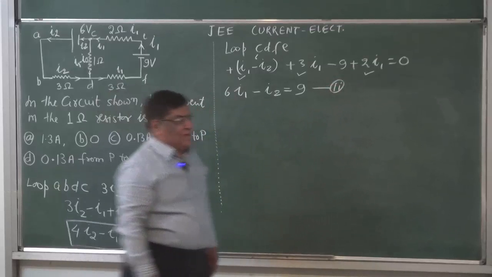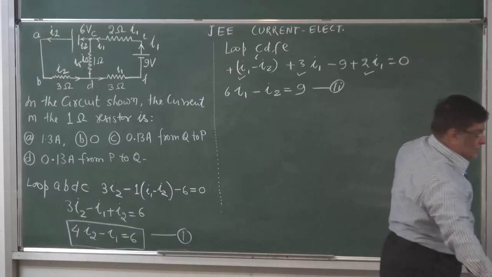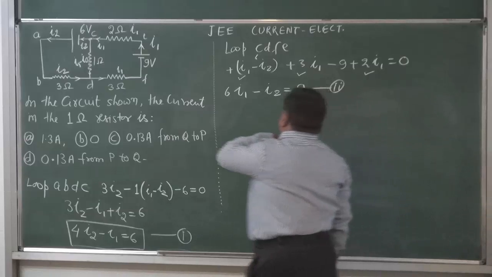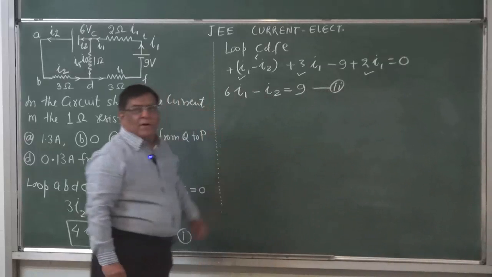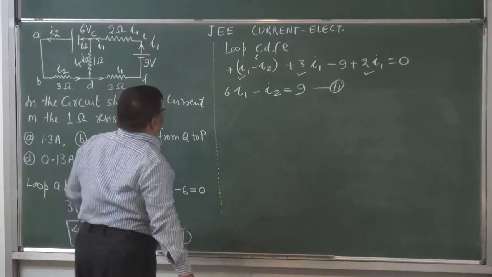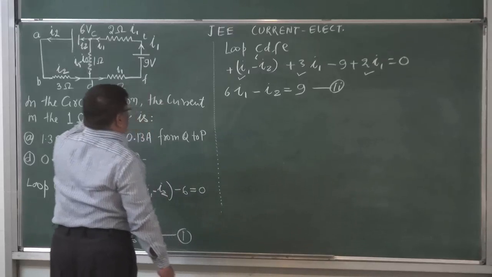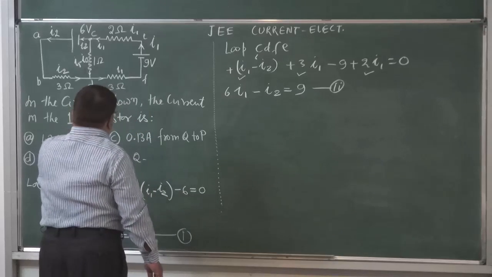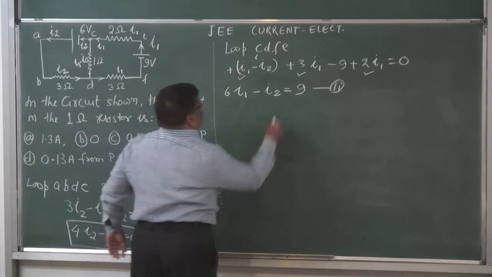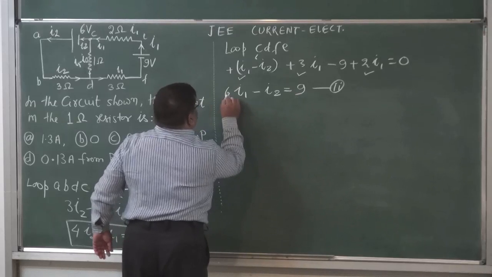So it's very simple, and now it's a mathematics of two unknown quantities I1 and I2. 6 I1 minus I2 is equal to 9. Okay, let's multiply this with 4 and solve it.